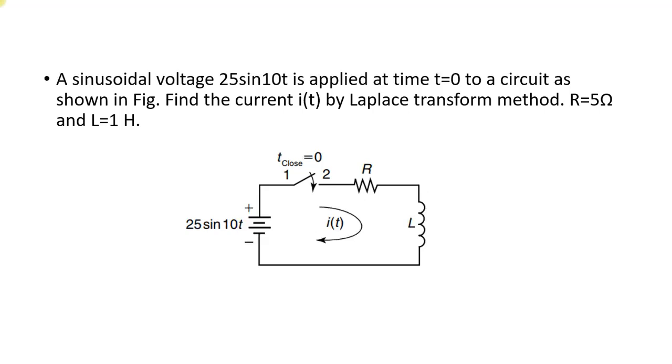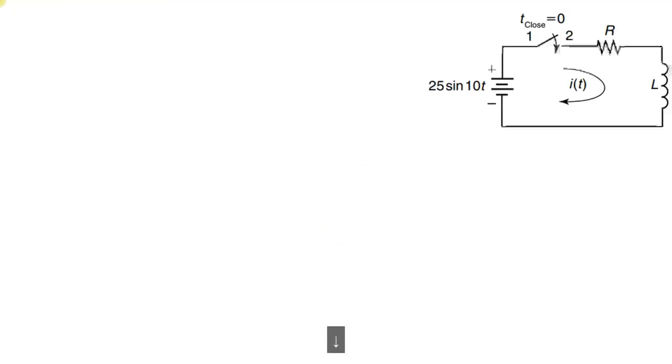Take R equal to 5 ohm and L equal to 1 Henry. It is similar to the previous problem. The only thing changed is the applied voltage. There it was 50 volt; here it is replaced by 25 into sine 10t. That is the difference.